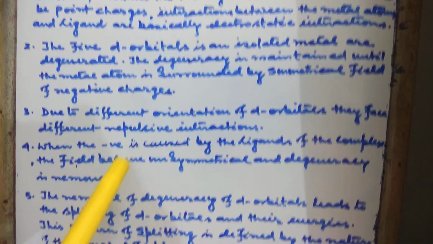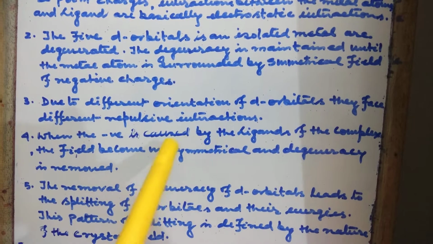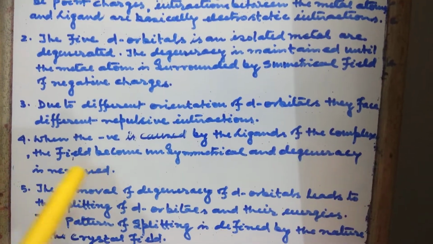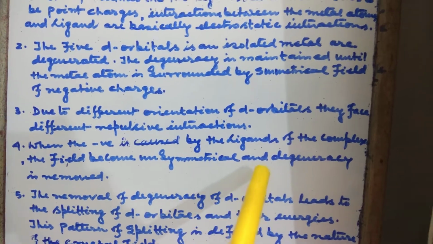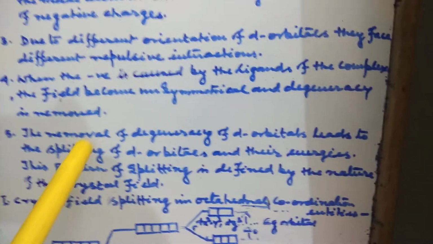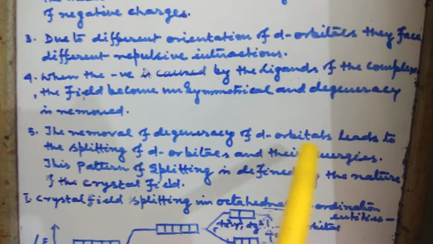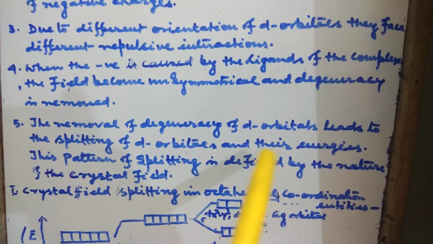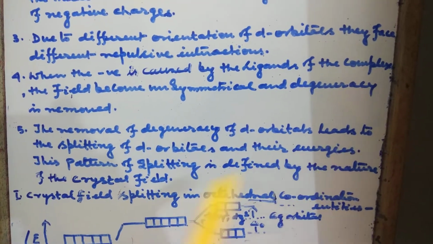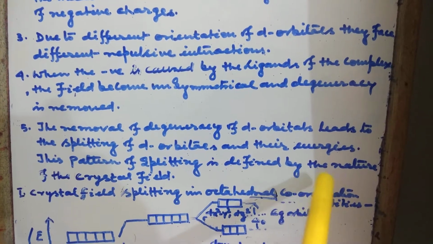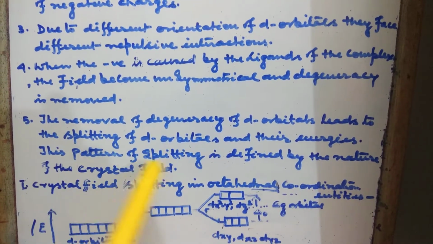Fourth, when the negative charge is caused by the ligands of complex, the field becomes unsymmetrical and degeneracy is removed. Fifth, the removal of degeneracy of d orbitals leads to the splitting of d orbitals and their energies. This pattern of splitting is defined by the nature of the crystal field.